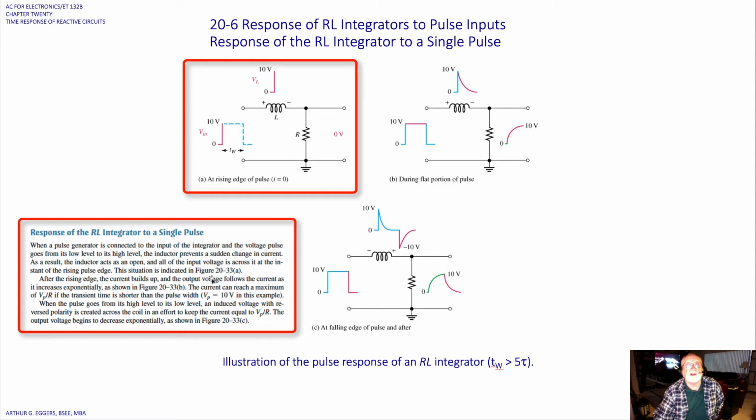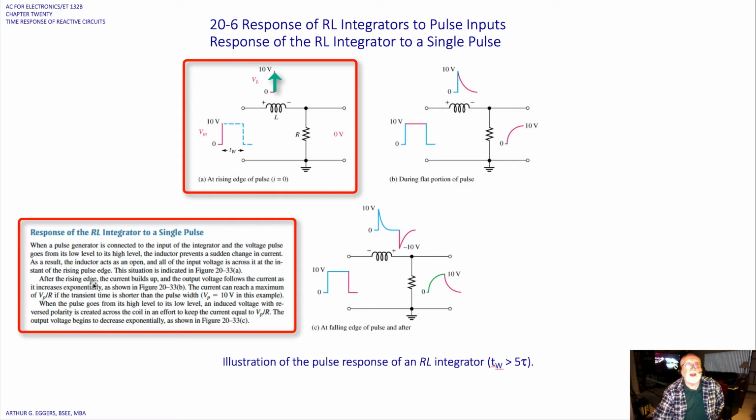The situation is indicated in 20-33A, so we can see that here in this depiction as the pulse is generated from low to high. We have the exact thing happening on the positive side. It jumps up, and then the inductor starts doing its thing.